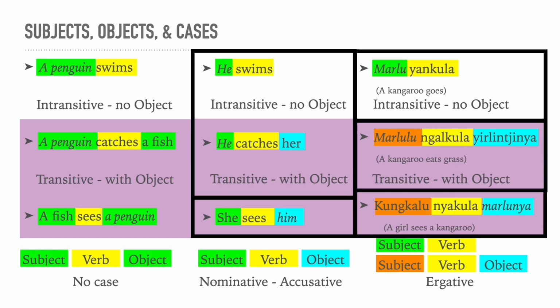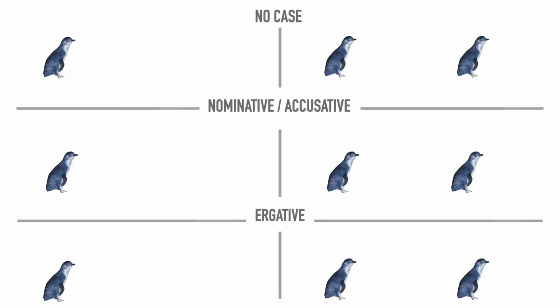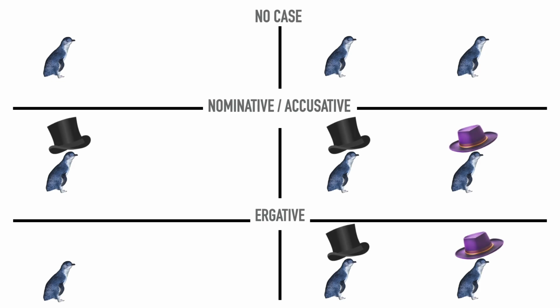If we wanted a different visualization of these cases, we could think about them as hats in a way. So in a language like English, which doesn't have cases on regular nouns, there are no hats. If you have a nominative accusative system, like we do in our pronouns in English or languages like Latin, Russian, you'll wear a different hat when you're doing something and another hat when something is being done to you.